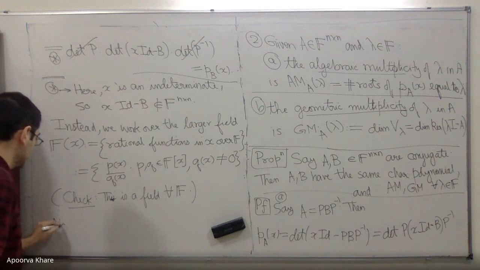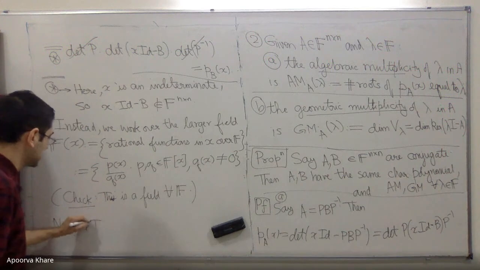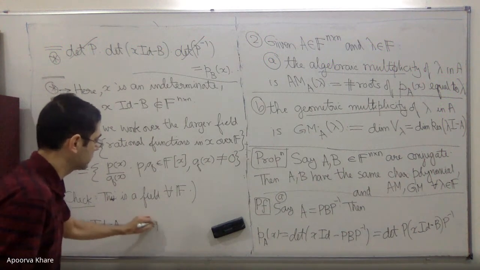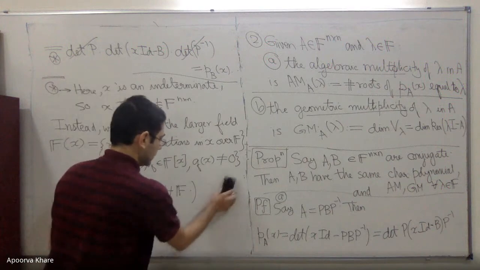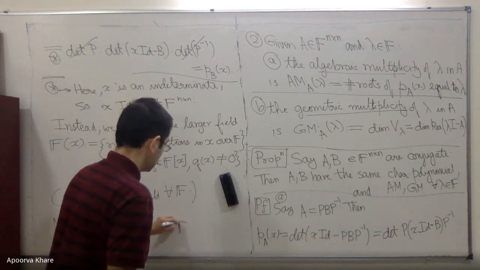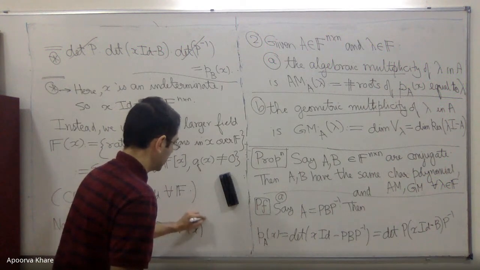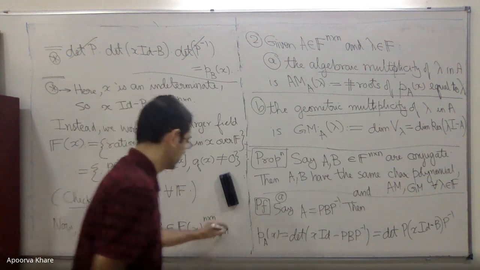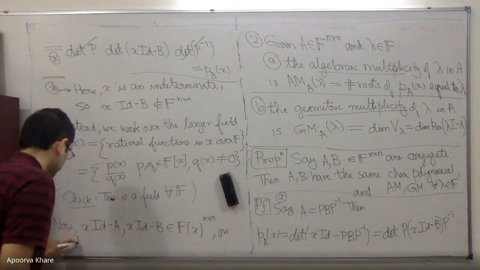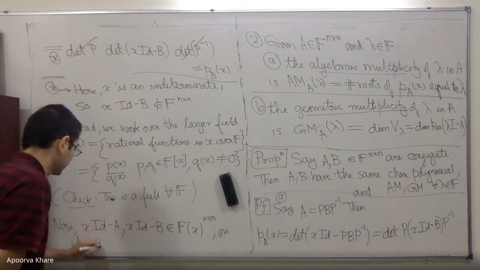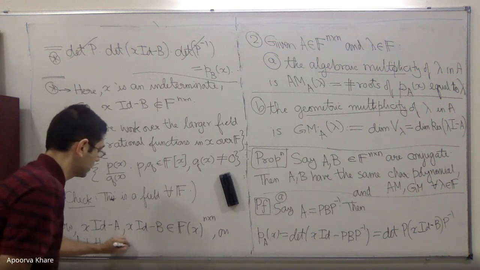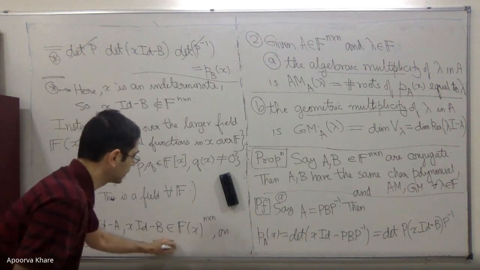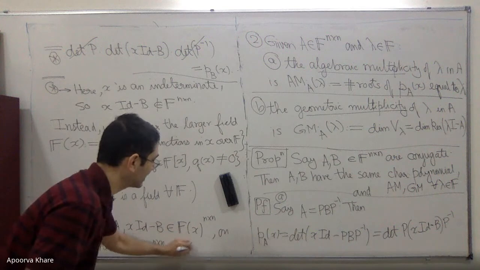Now, xI minus A and xI minus B lie in F(x) to the n cross n, on which the determinant is multiplicative as well. So the det function now takes F(x) to the n cross n, calculates the determinant, and gives you a scalar in that field.